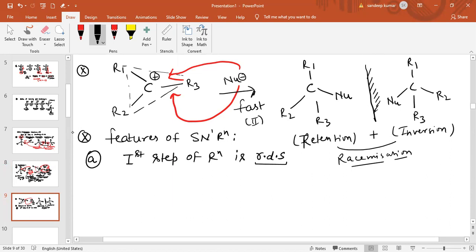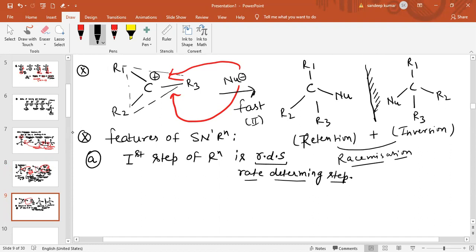What is RDS? This is the rate determining step. So the first step of the reaction is the rate determining step.